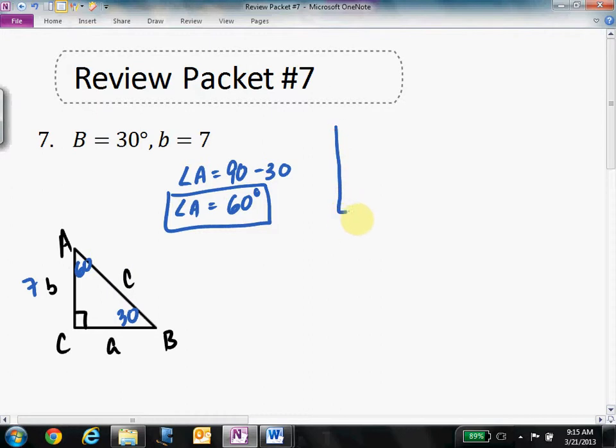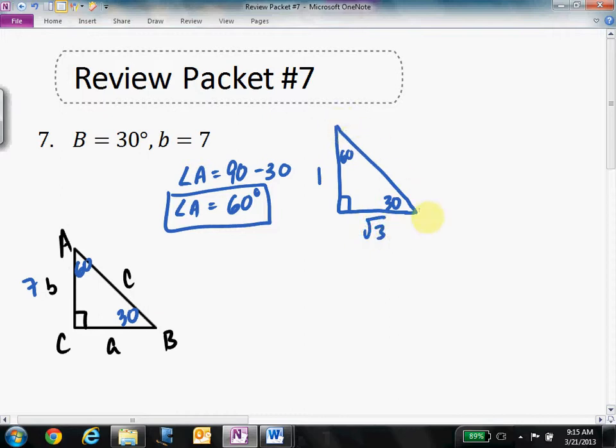So I'm going to draw a second triangle up here, and it's definitely not to scale. So we've got our 30-degree angle here, our 60-degree angle here. The side opposite your 30-degree angle will be 1. The side opposite the 60-degree angle, we're going to put square root of 3.